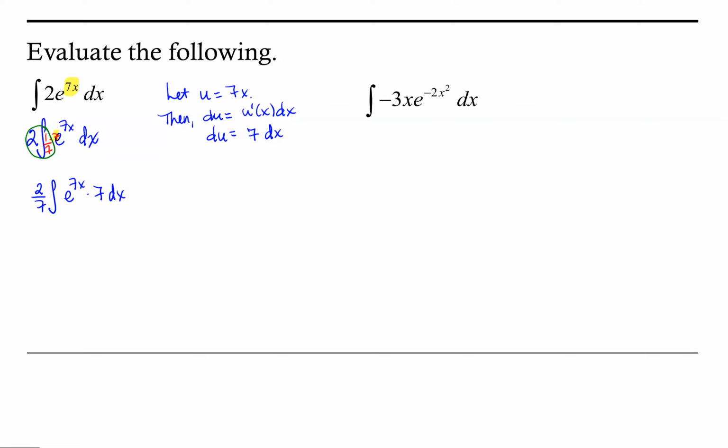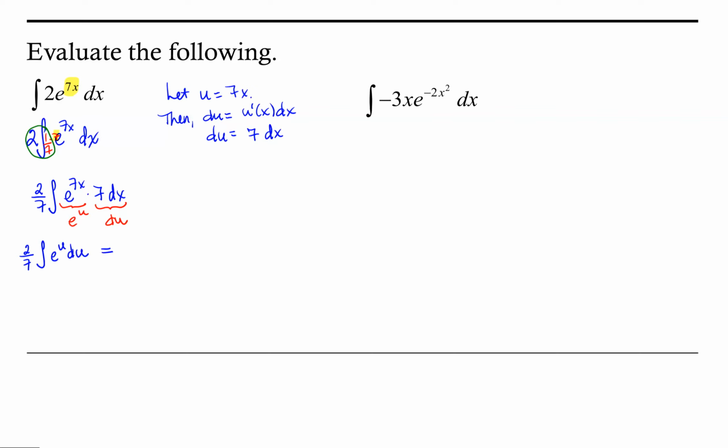At this point, I do have a differential du, and I can rewrite my exponential function as e to the u. So I've transformed this original integral into 2/7 times the integral of e to the u du.